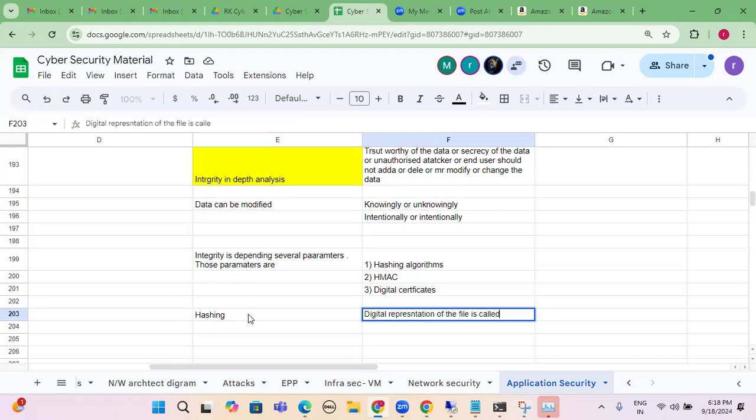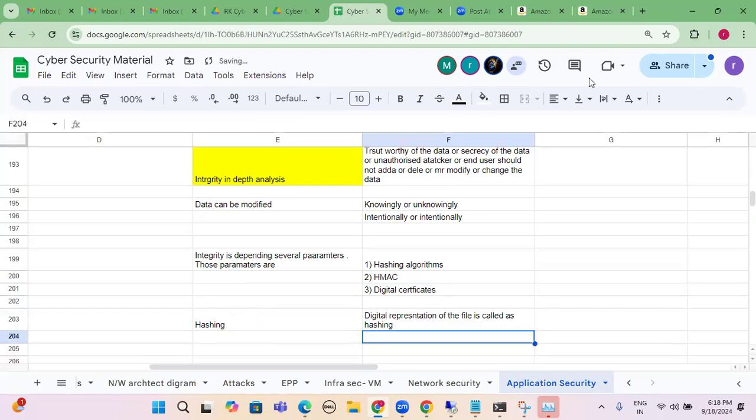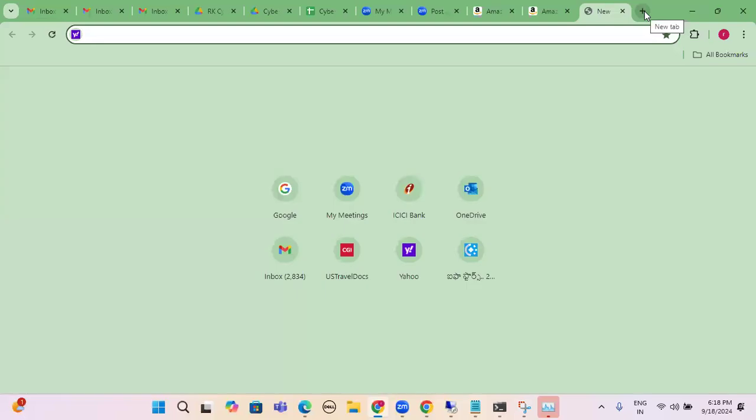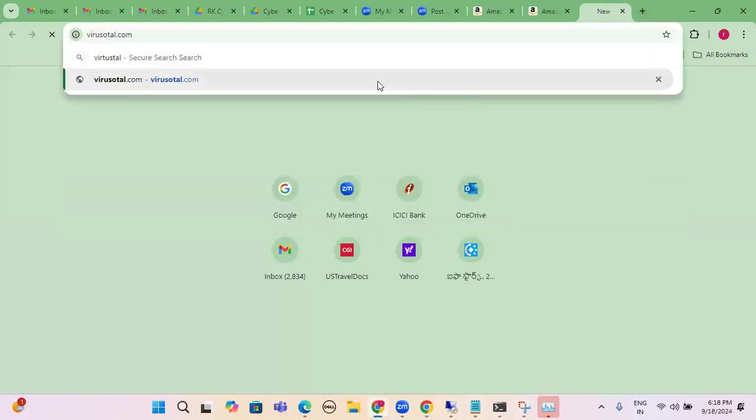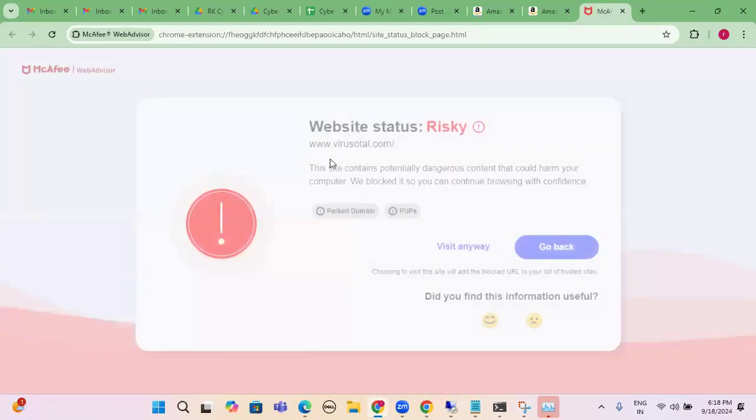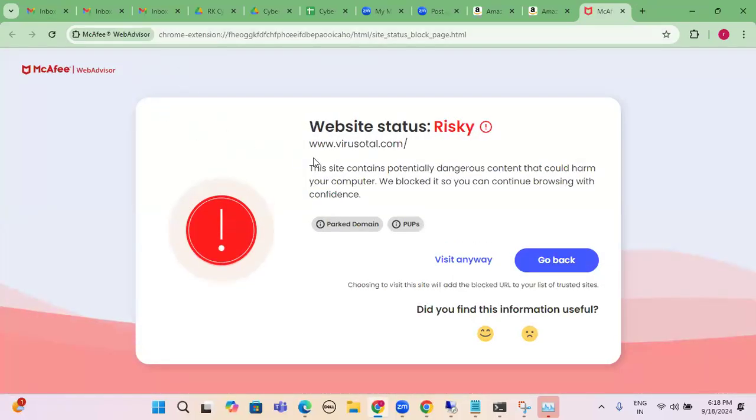The file is called hashing. So what is meant by this? Example, go to virustotal.com. See, I access virustotal, it is showing as risky.